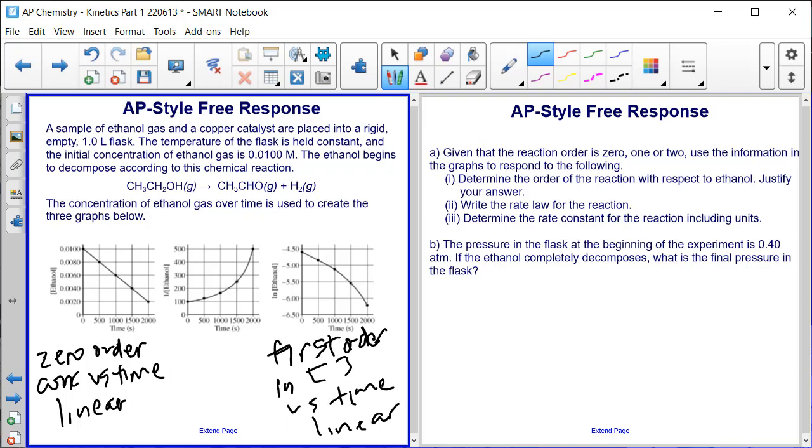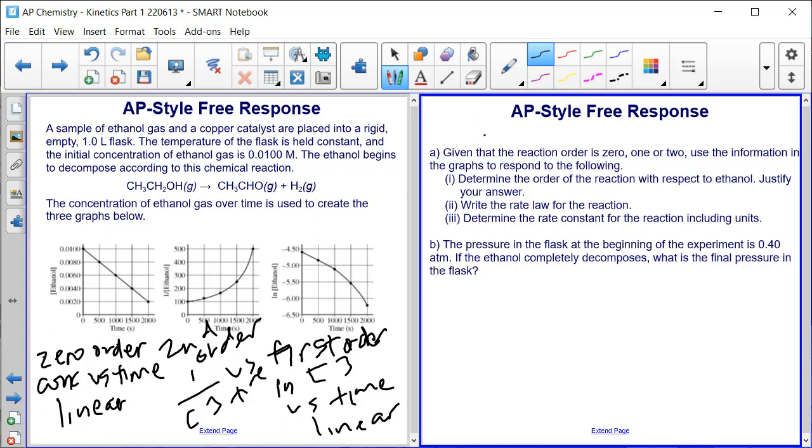Okay? And for a second order reaction, a graph of 1 over concentration versus time is linear. So let's look at the data here. Only one of these graphs is linear, and it's the first one on the left.